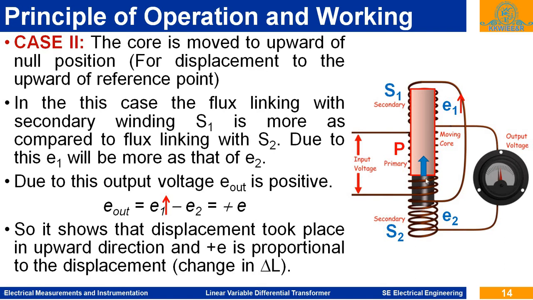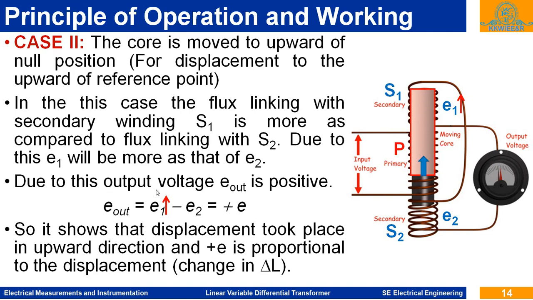Because of this, more EMF is induced in the S1 winding. The magnitude of E1 is more as compared to E2, and the flux linkage with S2 is less as compared to S1, because the core moved in the upward direction.